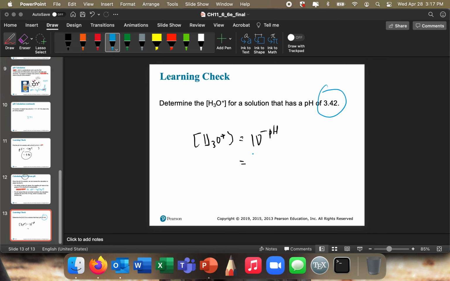So this is going to be 10 to the minus 3.42. I've got a key on my calculator, which is blue, that has a 10 to the blank. 10 to the minus 3.42 gives 3.8 times 10 to the minus 4.